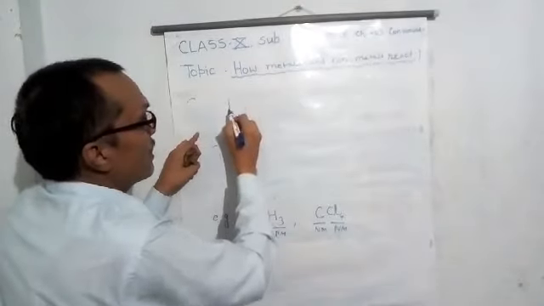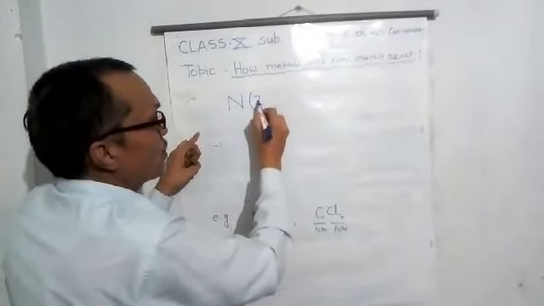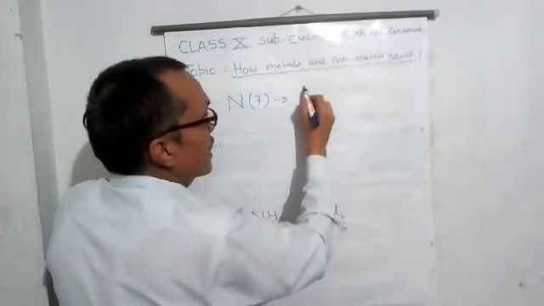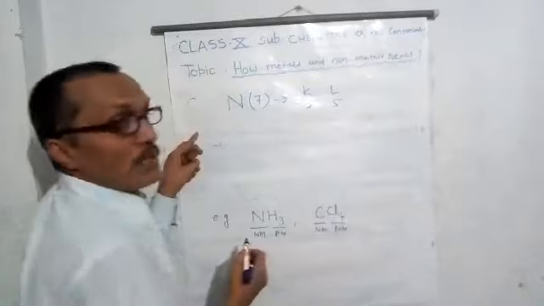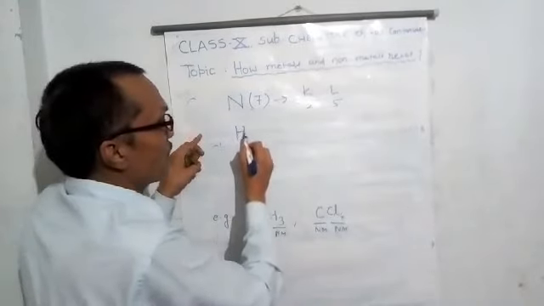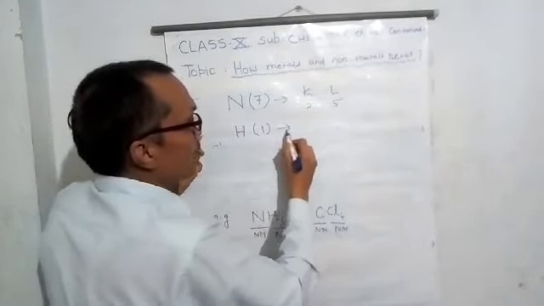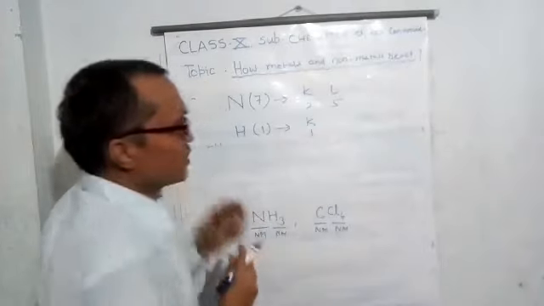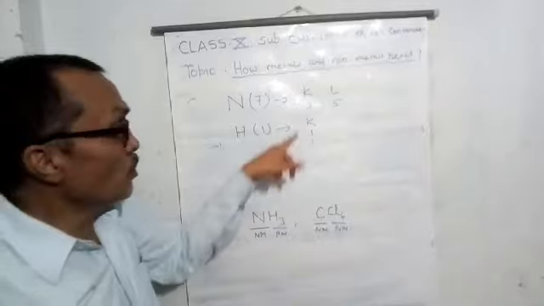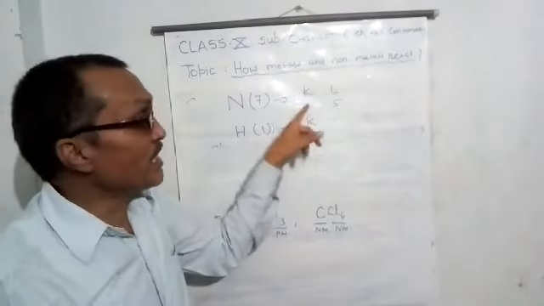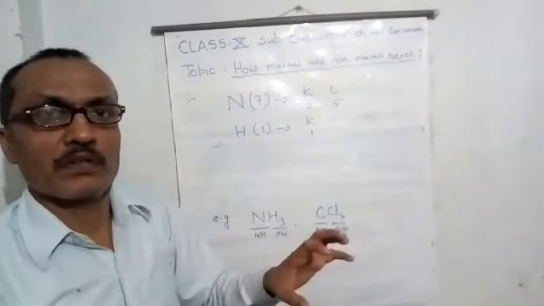For example, nitrogen. As you know, atomic number of nitrogen is 7, so electronic configuration is 2 and 5, and hydrogen is 1, so its electronic configuration is 1. Now students, you can see here, no one can lose its electron.